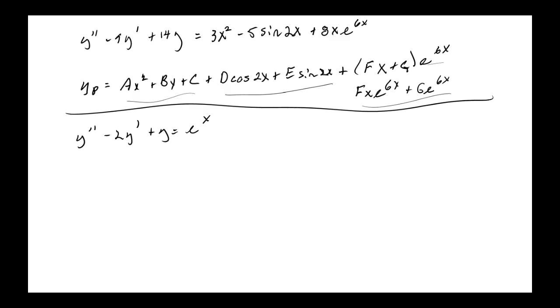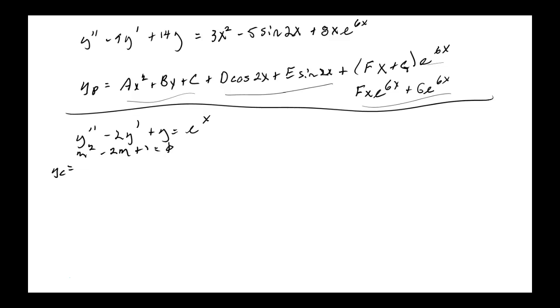What's my recommendation of what you do first? Right, y sub c. You're doing the auxiliary equation. That would be m squared minus 2m plus 1 equals 0. And what would that give you?